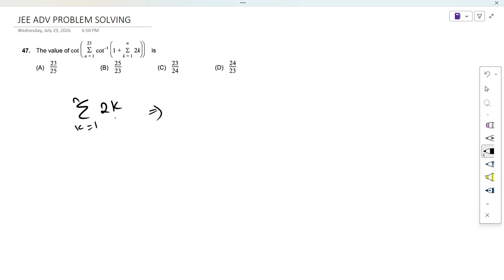Now we know that summation of k or any such variable is given as n times n plus 1 upon 2. So it will be k times k plus 1 upon 2, and this will be replaced by n. So it will be n times n plus 1 upon 2, which is nothing but n into n plus 1.